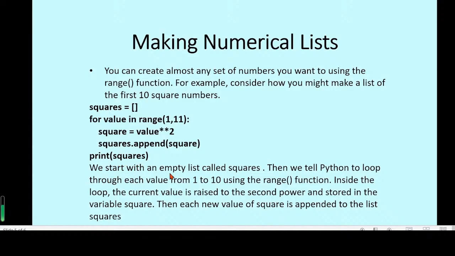So we start with an empty list called squares. Then we tell Python to loop through each value from 1 to 10 using the range function. Inside the loop, the current value is raised to the second power and stored in the variable square. Then each new value of square is appended to the list squares.